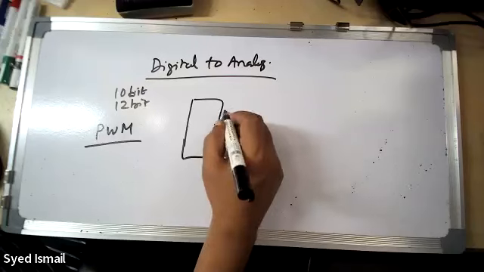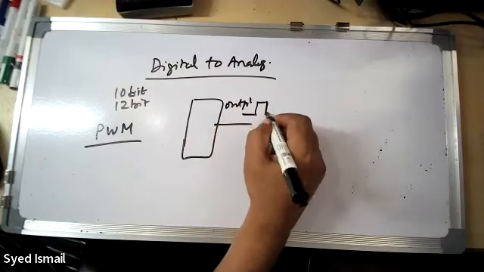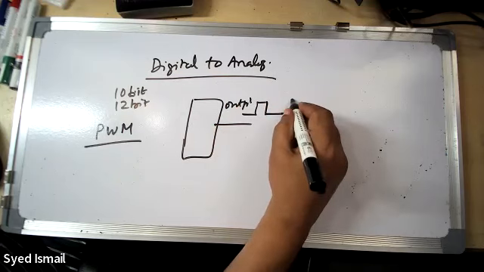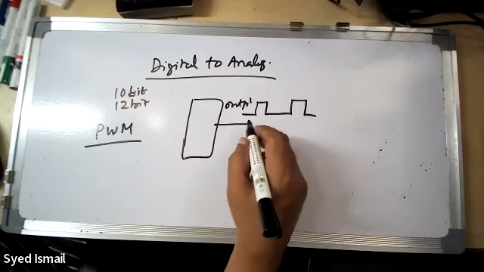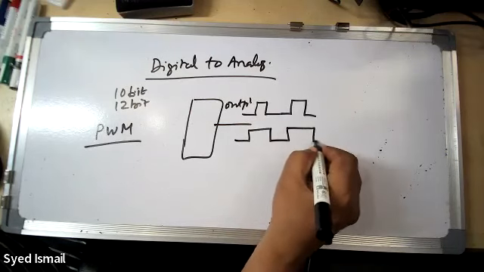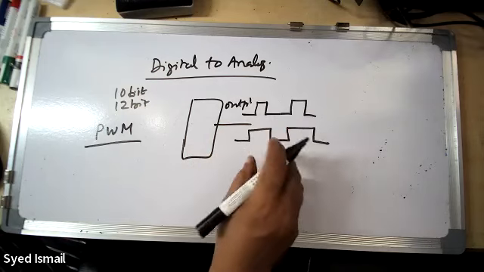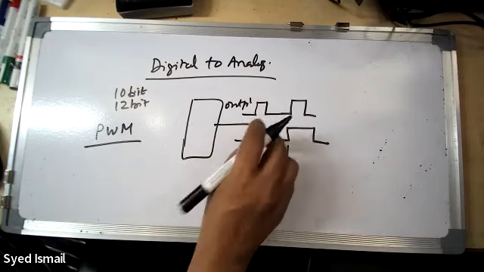I can output a signal, a pulse train with the same frequency, for example, like this one, or it will become like this. This is the pulse width. I told you the frequency is the same, the width I'm changing.